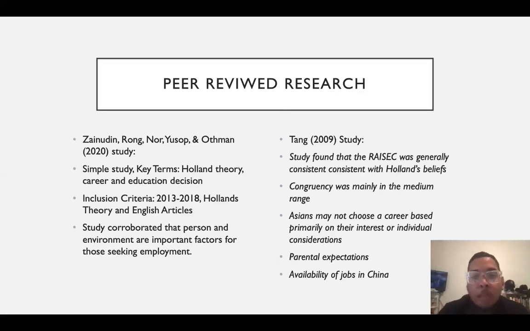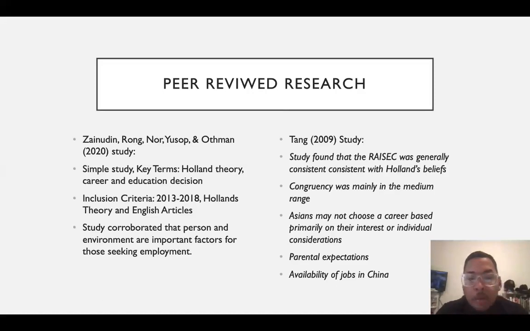And so it was in the median range for one reason that we should be pretty familiar with: culture. Asians, as we have learned throughout this program, are more of a collectivist culture. How this impacts career choices is that they may not choose a career based primarily on their interests or their individual considerations because of their culture.